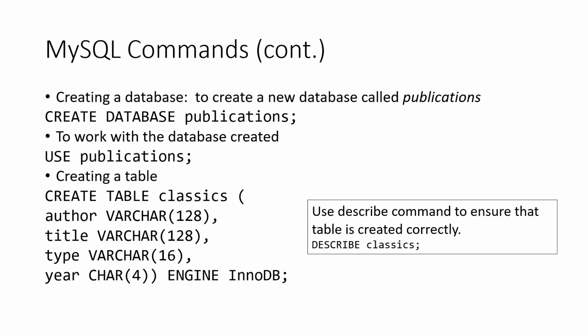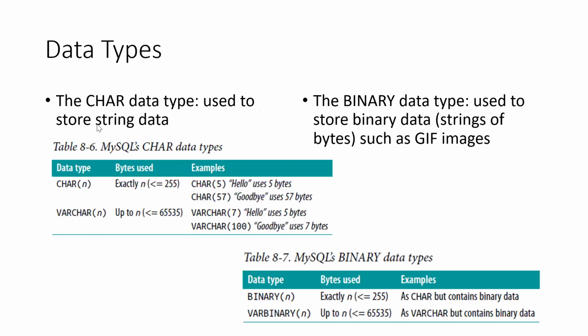How many are familiar with the engines available in MySQL? For example, InnoDB is a storage engine which supports transactions, which means commit and rollback operations, especially when you want to write transactional database queries. Then the data types, you already know.